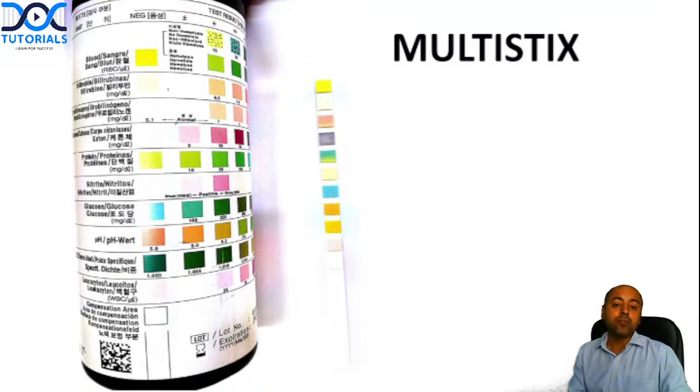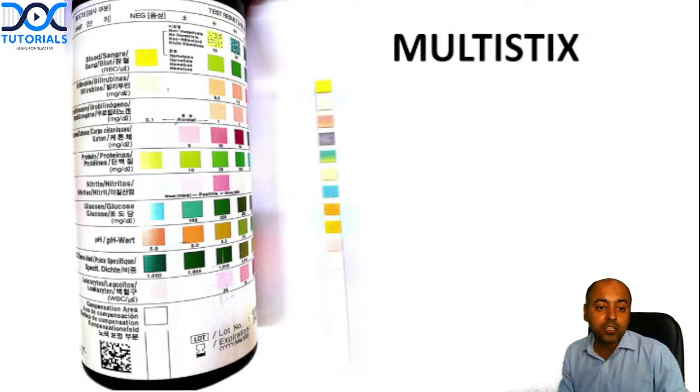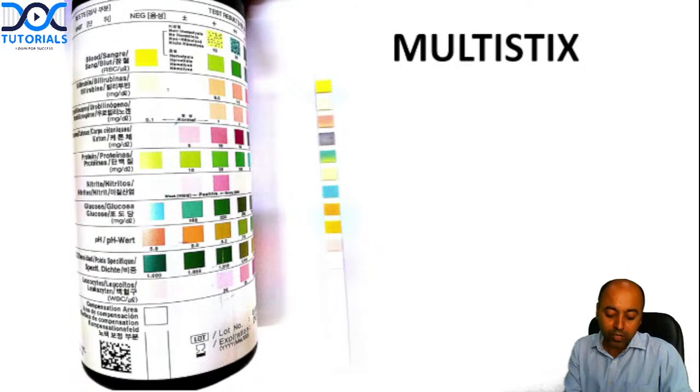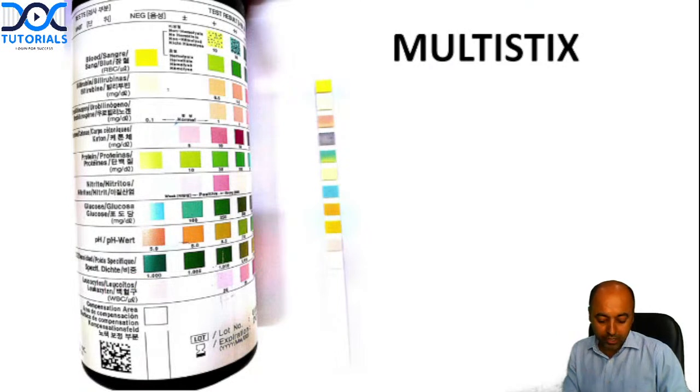Control area is also there, which is used to validate the result, and based on that you are able to identify the blood, bilirubin, urobilinogen, ketone bodies, proteins, nitrites, the glucose, the pH, the specific gravity, and the presence of leukocytes, and this is the control or the compensation area.